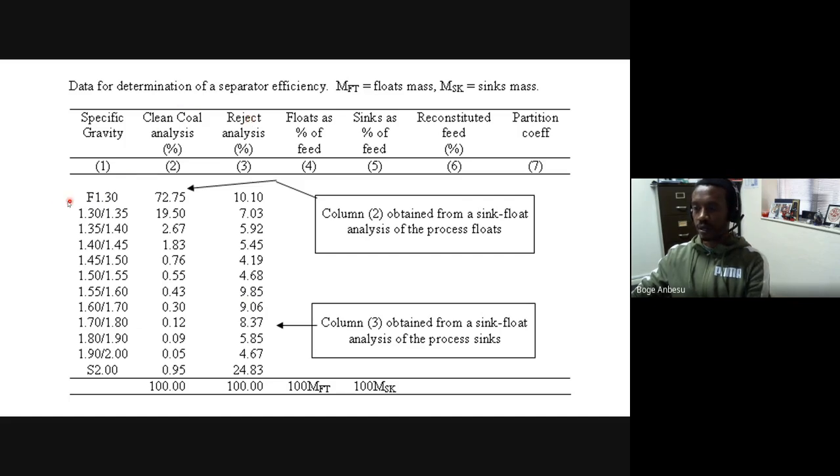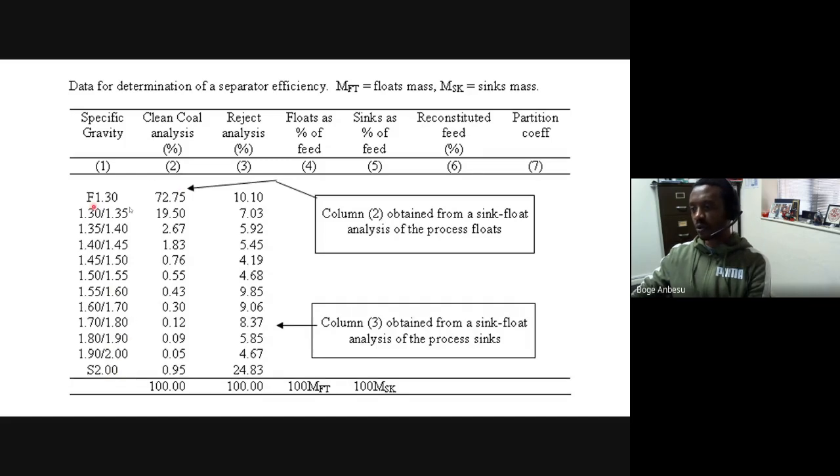So in a hydrocyclone, we have size ranges. A coarse size range, and we are slowly decreasing the size. But in specific gravity or gravity separation, we're going from small media density to higher media density.